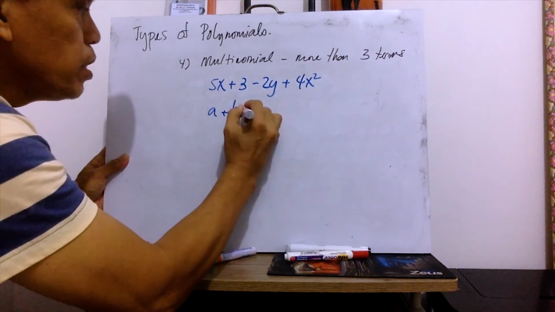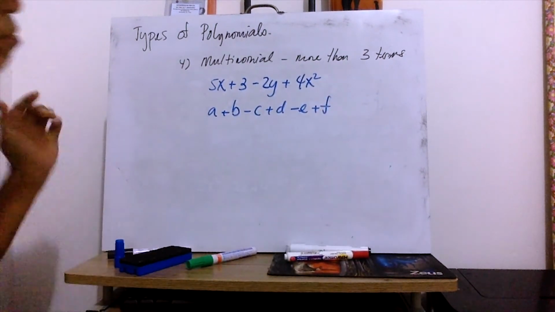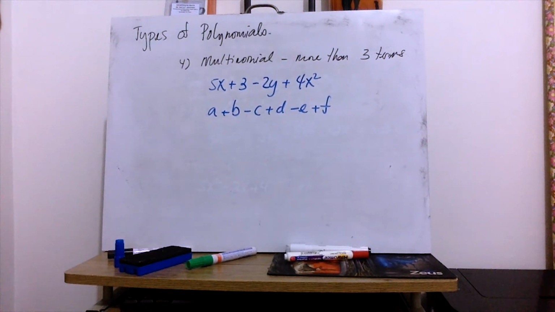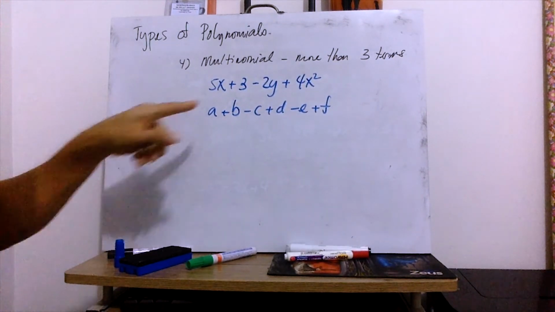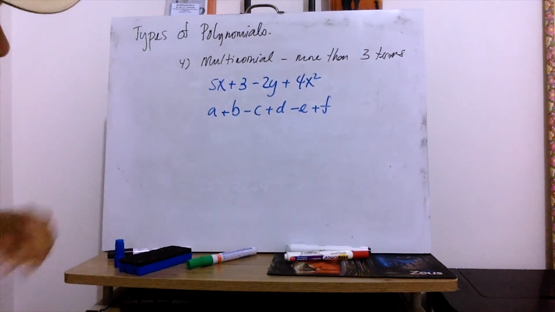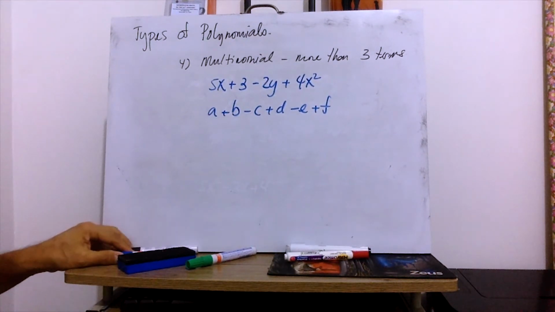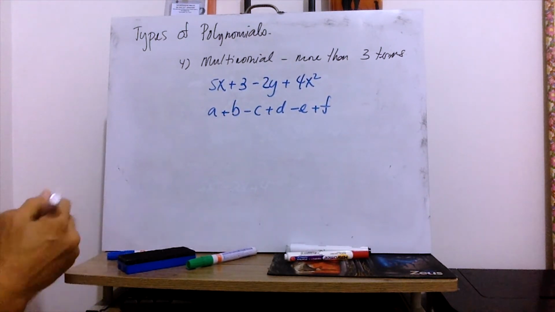A plus B minus C plus D minus E plus F, multinomial. Okay. 4 terms or more, multinomial. 3 terms, trinomial. 2 terms, binomial. And 1 term, monomial.